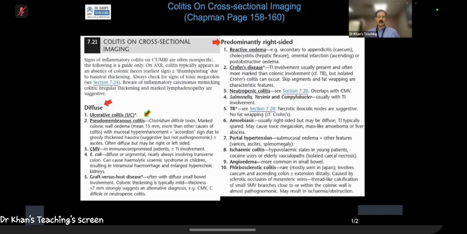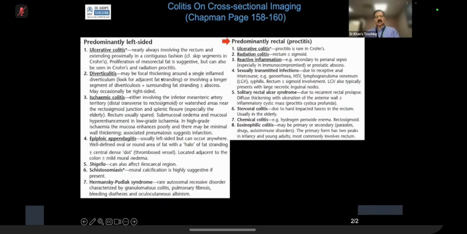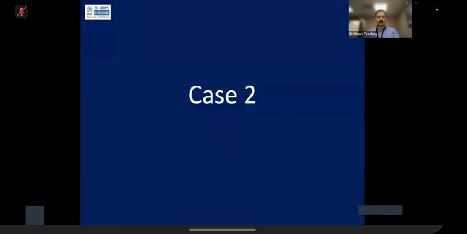Embolic ischemia can cause that. As far as left-sided is concerned, it is due to the IMA, which supplies the distal portion of the transverse colon onwards, and sometimes the watershed zones are involved. So with this, we go to the case.